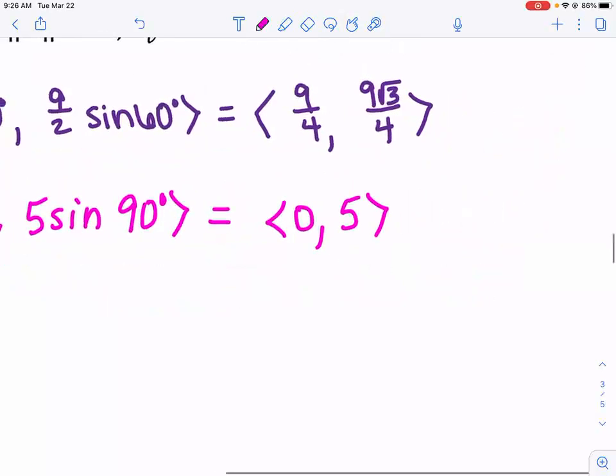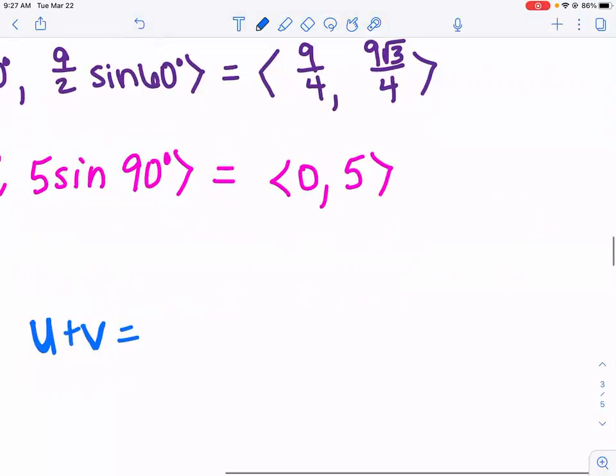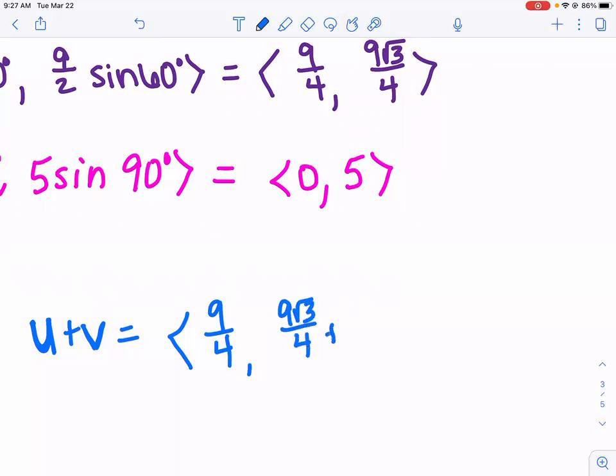Okay. So now we get to add these two vectors together. When we add the horizontal components, we would get 9/4. Not lame, actually kind of nice. And then when we add our two vertical components, we can't actually combine those together because one is irrational and the other is not.